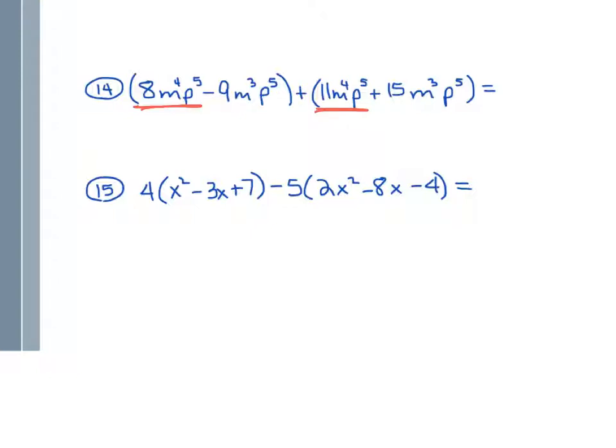So 8 plus 11 gives me 19 M to the fourth, P to the fifth. The next like term I have is that M cubed P to the fifth. So I'm going to add -9 plus 15, and I get positive 6, M to the third, P to the fifth. And I'm done.